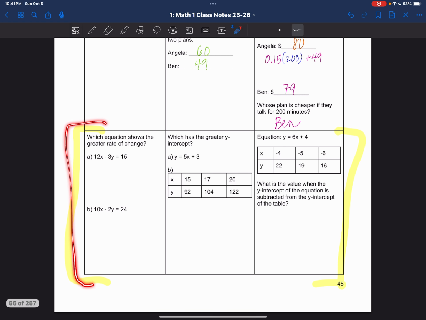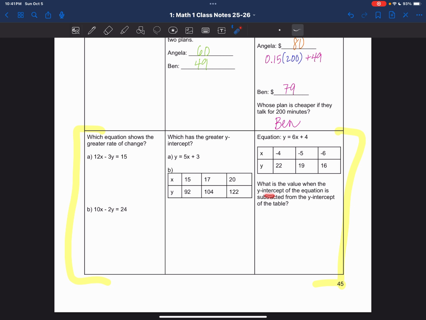All right, so what you're going to do is you have some different examples. Which one has a greater rate of change? So that's your slope. So you have to put both of these in y equals mx plus b. And then which one has a greater y-intercept? So you need to figure out the y-intercept for both. And then for this one, you have this equation and you have this table.